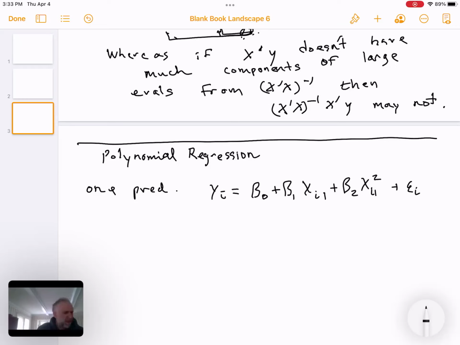Okay, so this is my model, usually going to assume the normal error just like before. So here, what is p equal to? P is 3, just like before. The big takeaway here, just like MLR 6.7, I just think of x squared as a new column.